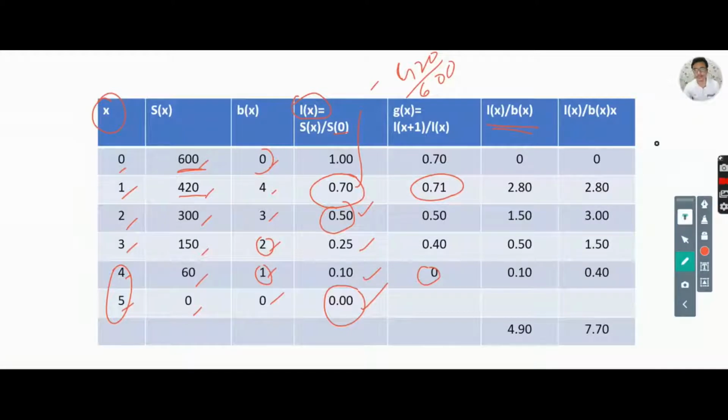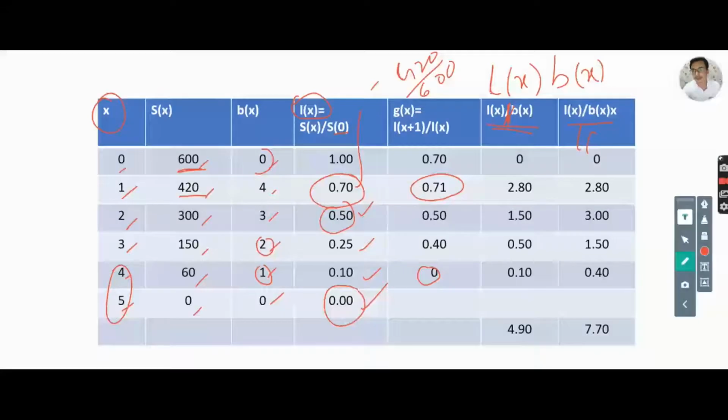Sorry, this is Lx Bx, not by. This is Lx Bx, and Lx Bx x. So this is a general table that you may have initially, the first preliminary table.